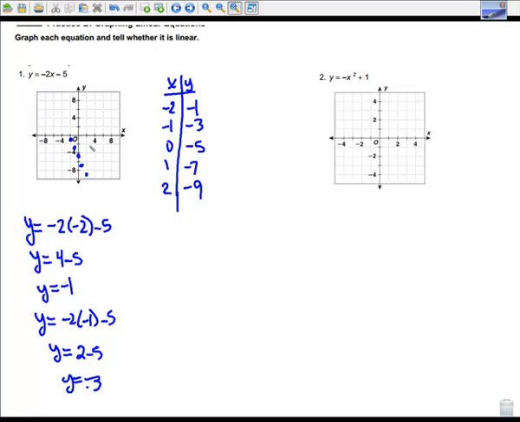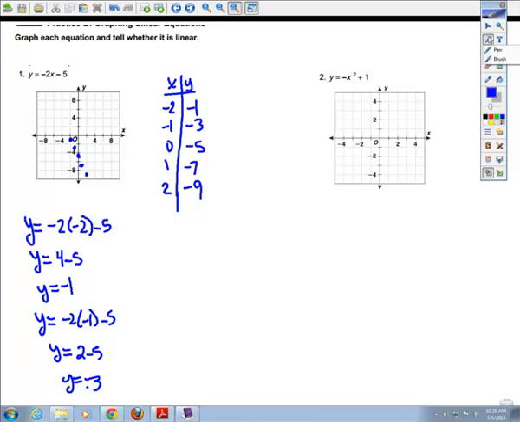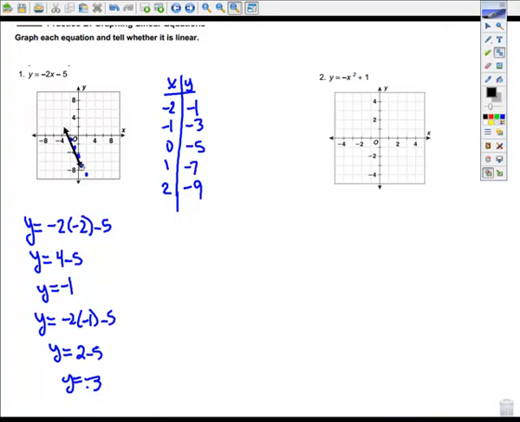And now I can go ahead and draw this. You can definitely tell it's linear. There's no curves in it. So I want to go ahead and draw the line, and I'm going to draw it so that it has an arrow at both ends, because technically it does keep going. I only plotted these 5 points.